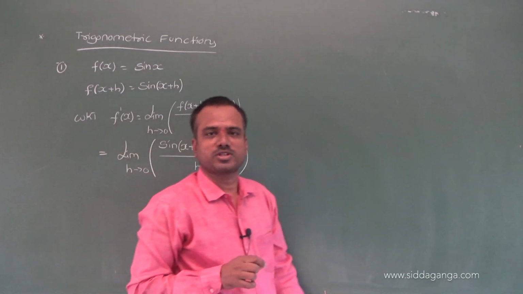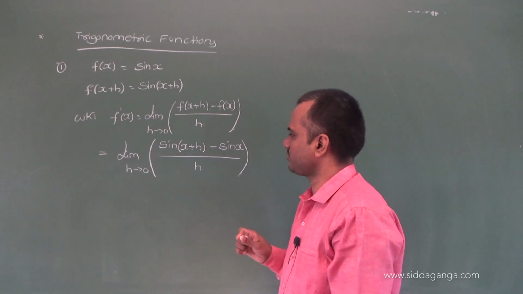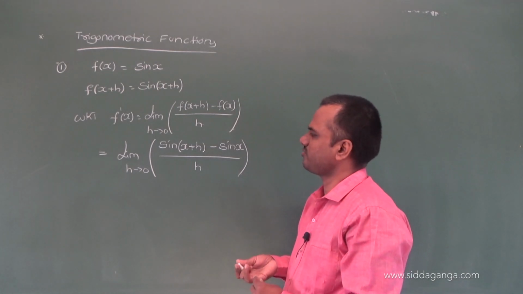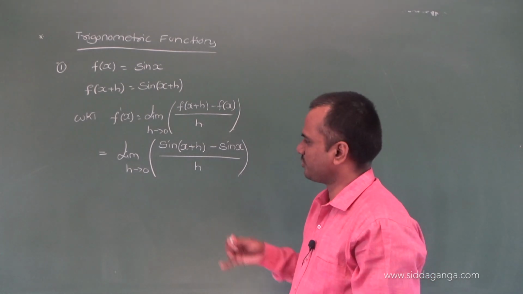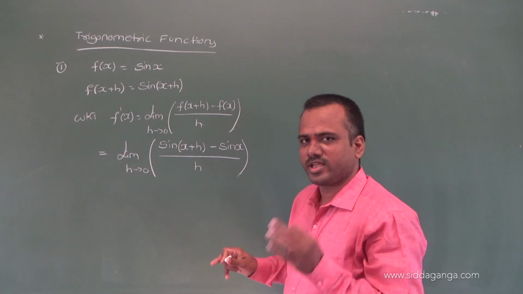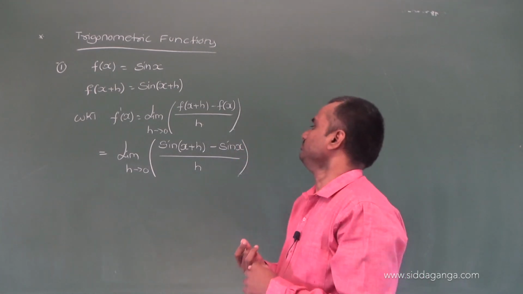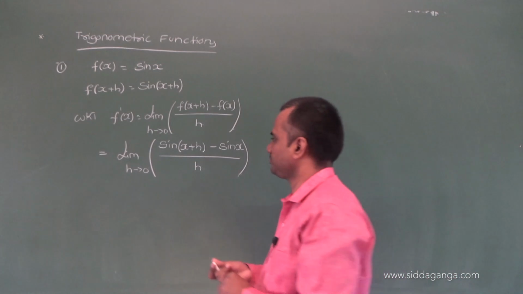If we substitute h as 0, we get 0 by 0, an indeterminate form. Then how to solve this one?